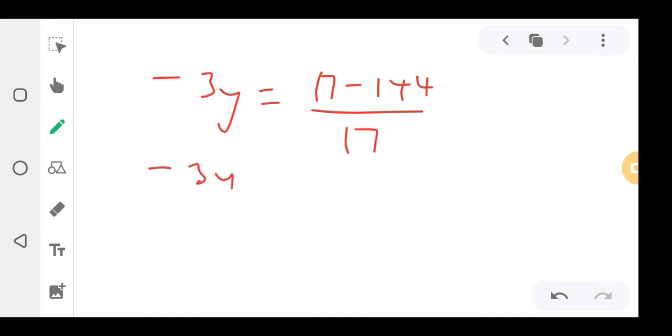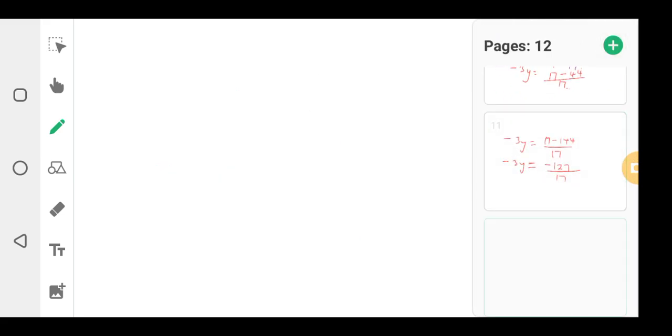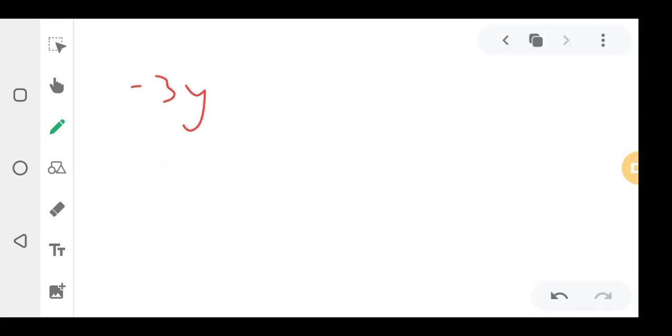So negative 3y is equal to, what is 17 minus 44? 17 minus 44 is going to be equal to negative 27, over 17. I think you can do your mathematics. So negative 3y is equal to negative 27 over 17.